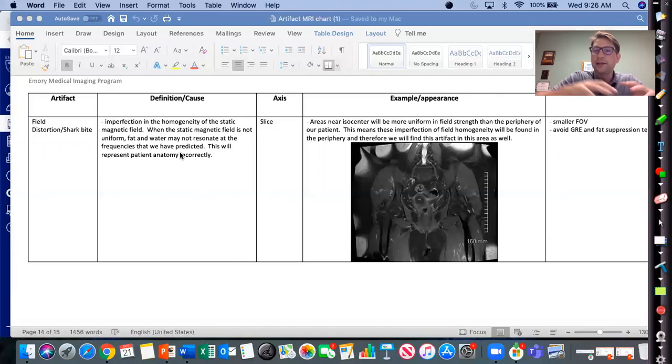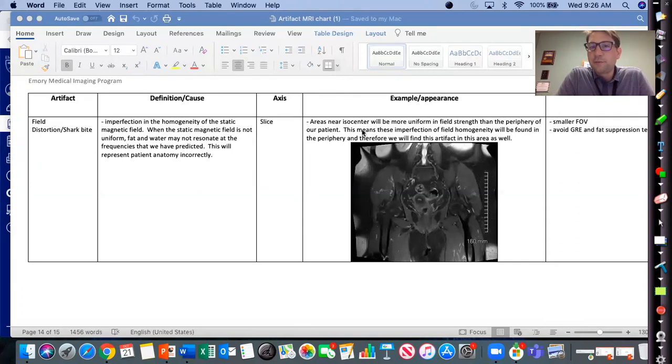But when we get towards the edges of the field of view, our homogeneity is a little off. So fat and water might process at a little variation from the 220 difference that we normally predict. So this will represent patient anatomy incorrectly. So this is going to occur in the slice direction.